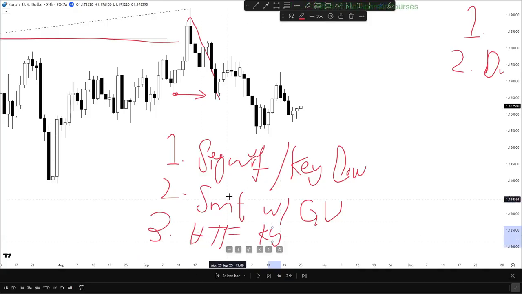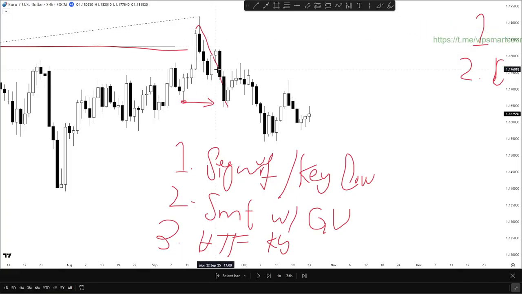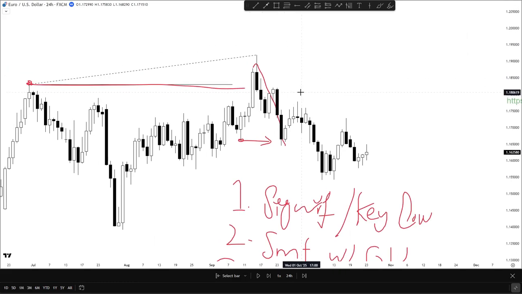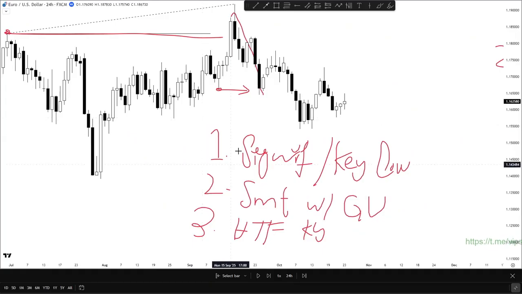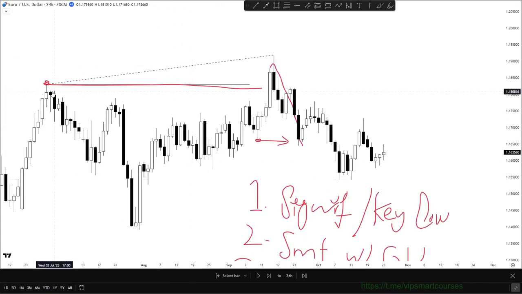There are a lot of other factors here as well that led to this structural shift being considered a valid or key one, but since I haven't yet uploaded the top-down analysis chapter, I'm just going to leave that for now. But remember, the main factors here are, first of all, that this is a key low. We have an SMT divergence with GU. We have a monthly CRT. And along with that, we also tested a premium key level.